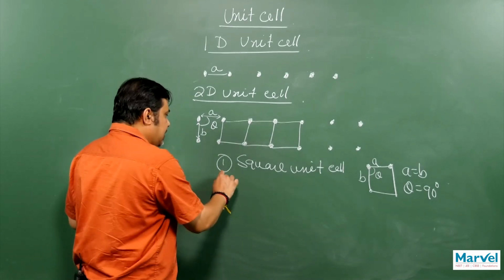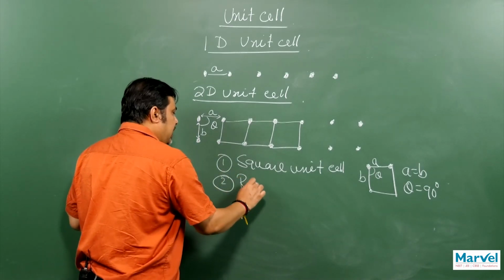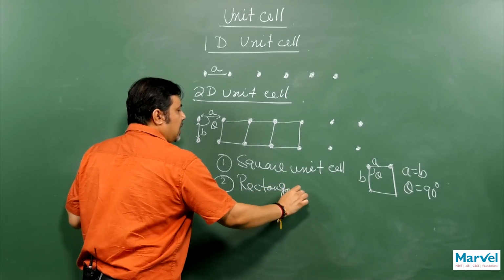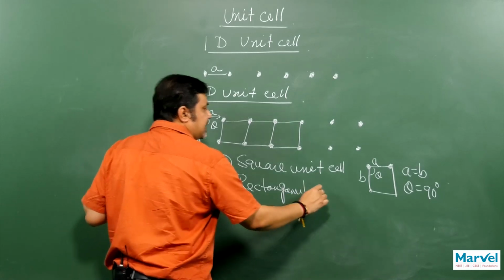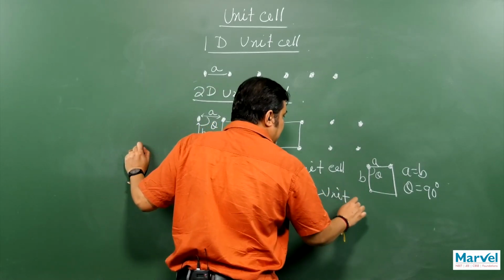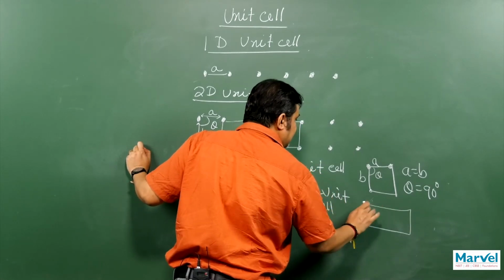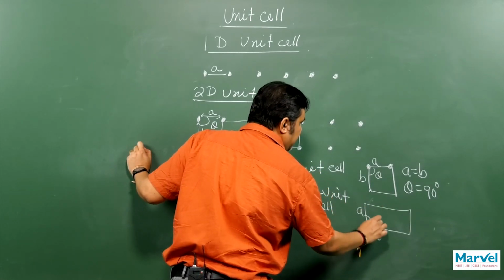Moreover, we can write the rectangular unit cell. In a rectangular unit cell, you already know a rectangle: this is A and this is B, and in between is the angle theta.